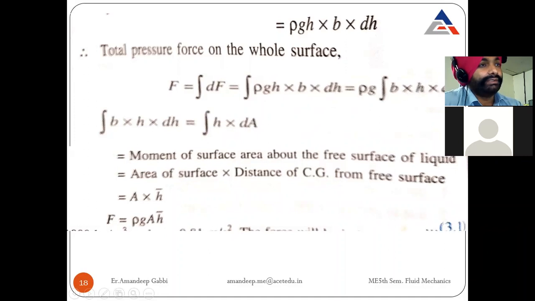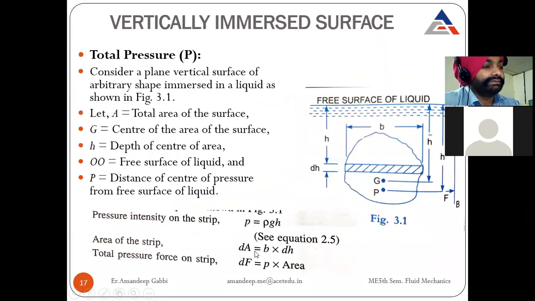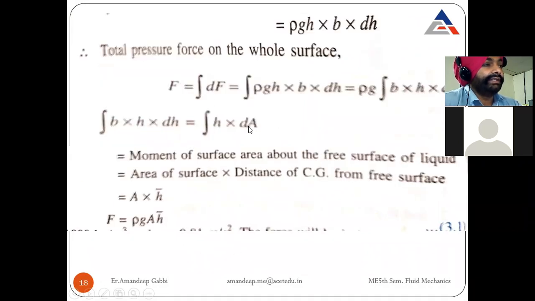Now B into dh is dA, so you can write it as h into dA. This is called the moment of the surface area about the free surface, which is the area of the surface into the distance of the centroid from the surface, A into h bar.